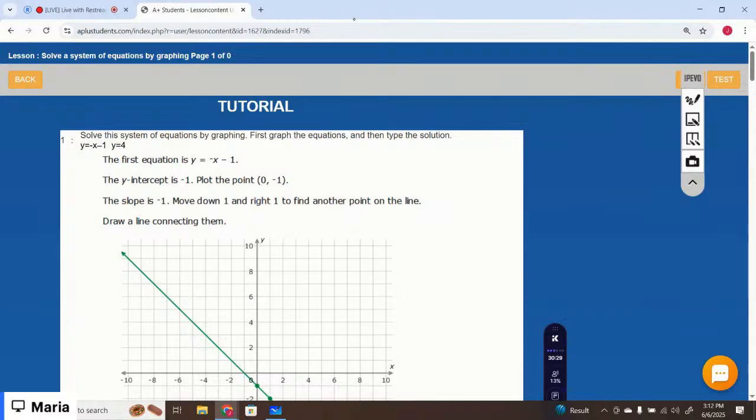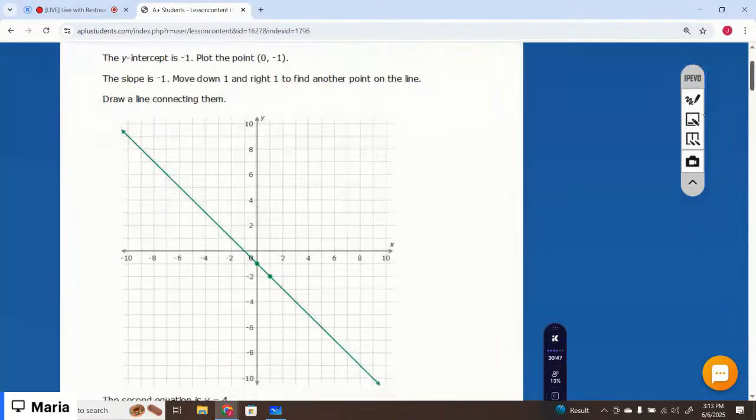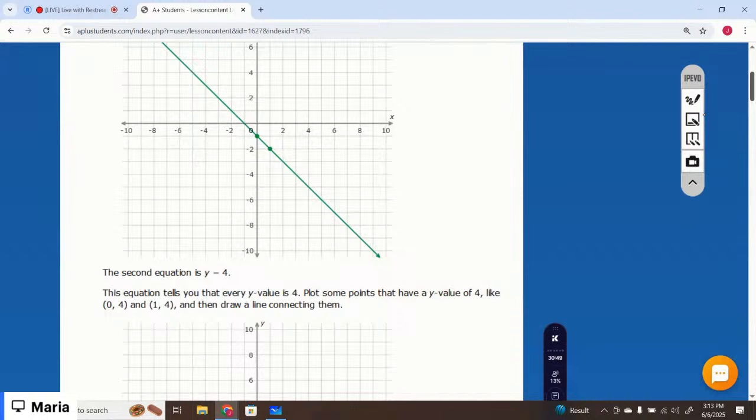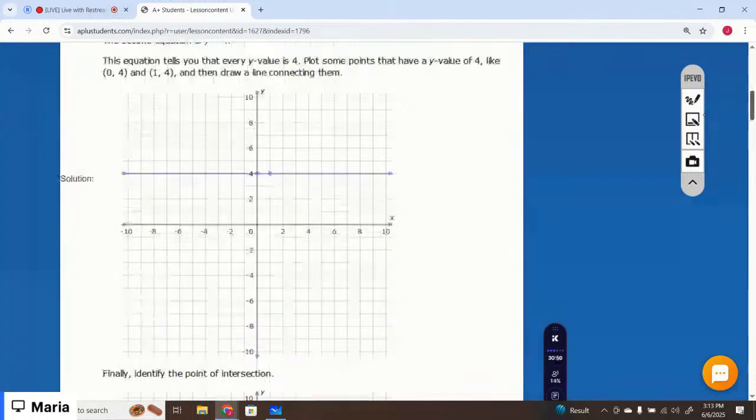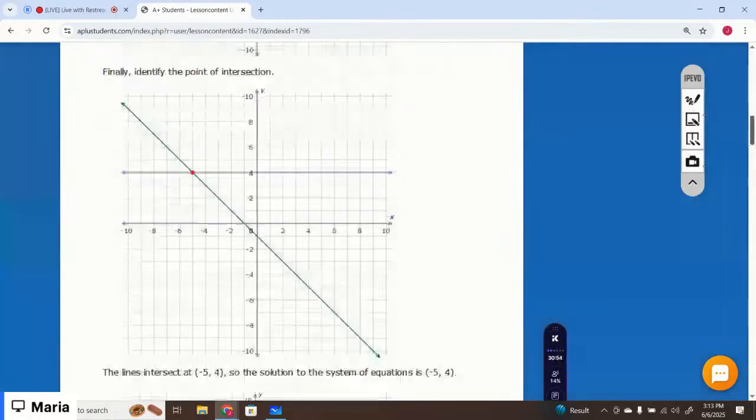Since this slope is negative, that means we need to move down 1 and right 1. So just make a line, then draw another line. They intersect at one point, and the solution to the system of equations is (negative 5, 4).